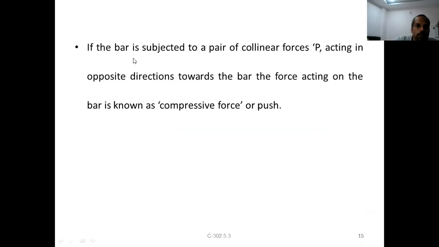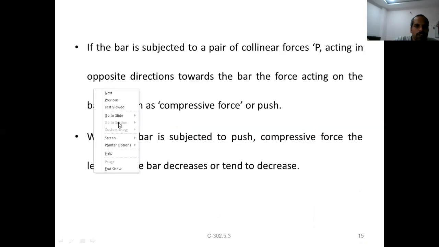So if the body is subjected to a pair of collinear forces P acting in opposite directions towards the bar, you see this definition of a compressive force towards the bar.